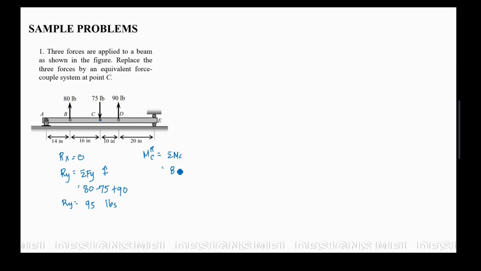So we have 80. Again, sign convention, all clockwise will be positive. So we have 80, moment arm is 16. 75 is subjected at point C itself, therefore our moment here becomes 0. And then for the third force, we have minus 90 multiplied by 10.